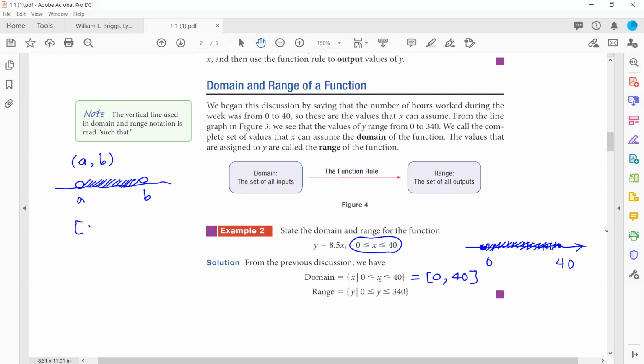If you have a half closed, half open interval, on the left-hand side, a is included, so you use a closed circle, a filled circle. On the right-hand side, since b is not included, you can use an open circle. And you shade all numbers in between.